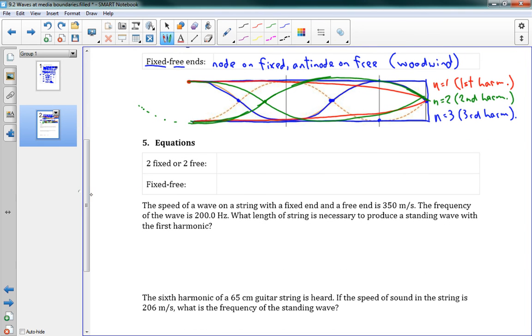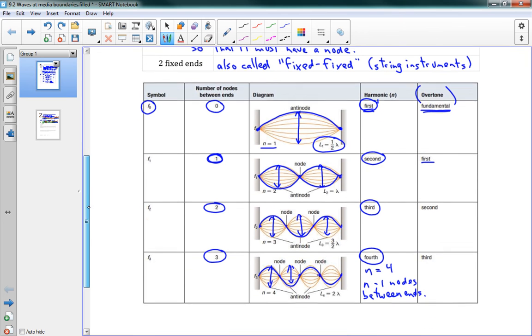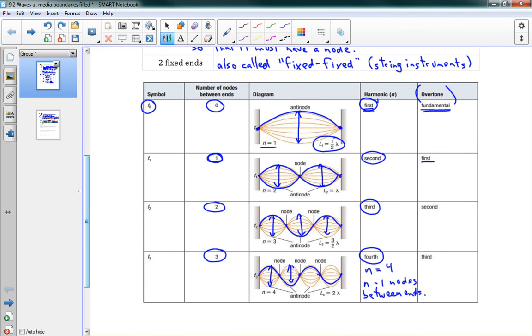Okay, now, if I have these situations, and I want to figure out the relationship between the length of our air column, or our string, and what wavelengths are on this, because remember, these all boil down to being wavelengths. You can see that for our string, here I have, goes up, down, and then back up again.